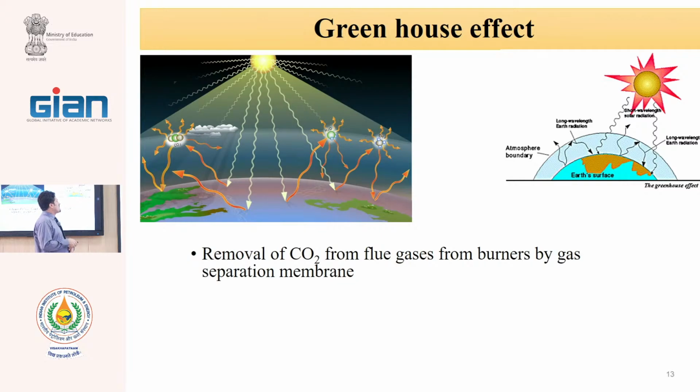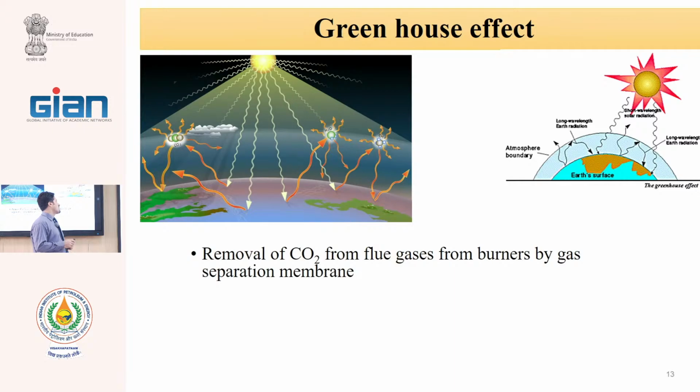And this increase of temperature can cause many problems in the ecosystem. One of the main applications of gas separation membranes is removal of carbon dioxide from flue gases. Yesterday we discussed the application of gas separation.